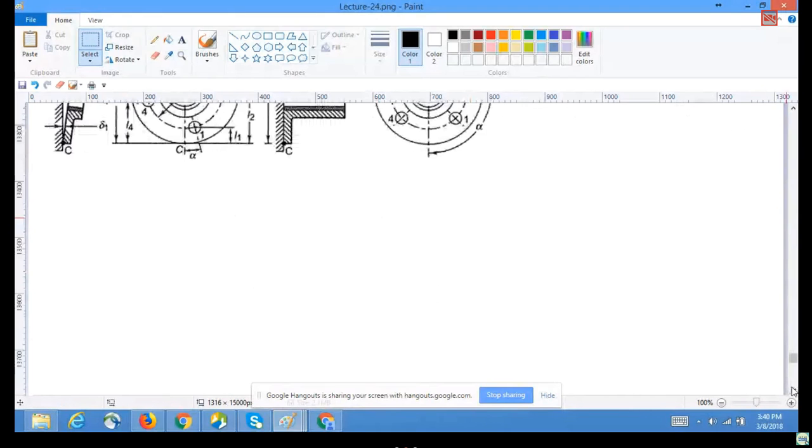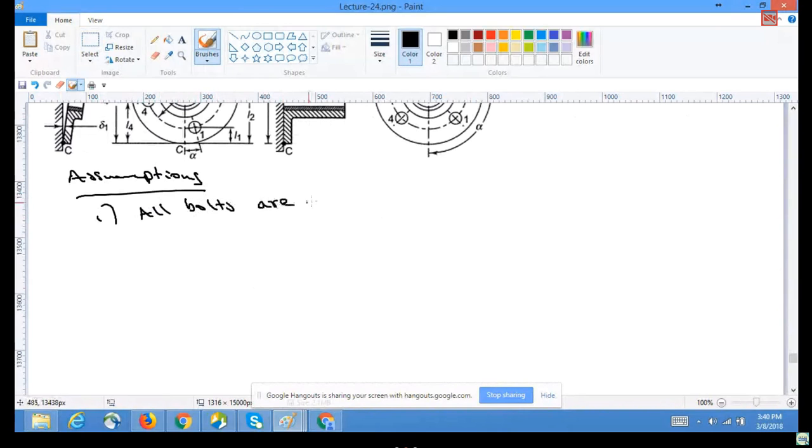Before we go further, we have to make certain assumptions. That all bolts are identical, so that we don't differentiate between one and the other.